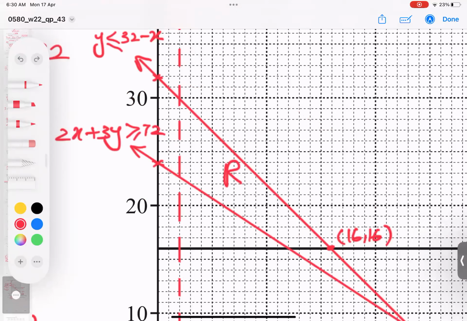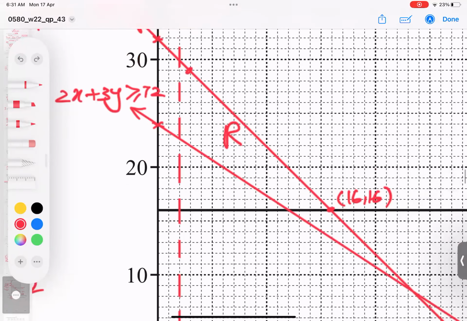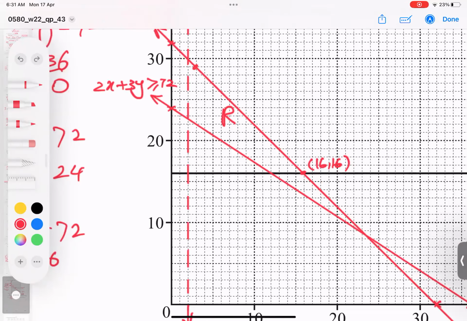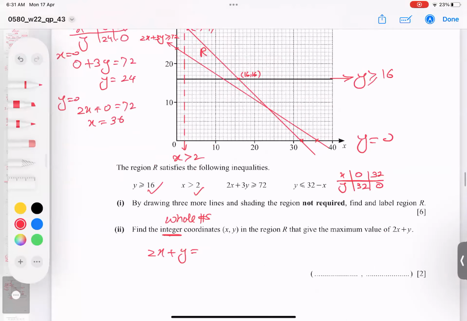We can't take a point on the line, but I can take this point, because it is inside. So what is X and what is Y here? Above is bigger, so this number is 3 and here 29. So 3, comma, 29.